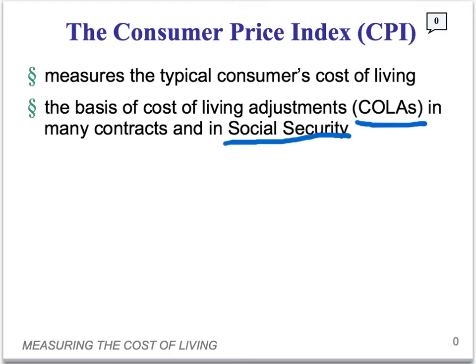So for instance, at this point in the United States, the price of gas is determined to be a necessity. Even though it's not, it's felt to be a near necessity. So when the price of gas goes up significantly, that needs to get factored into Social Security checks. So people who are retired will get more money in the Social Security checks when gas goes up.